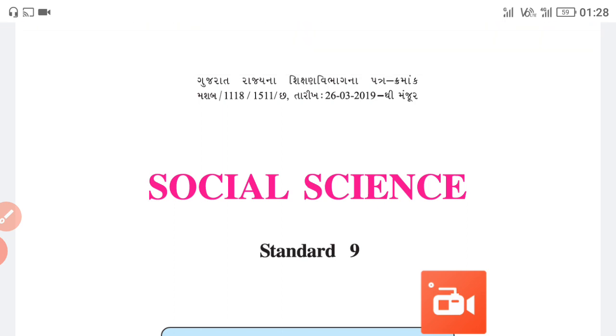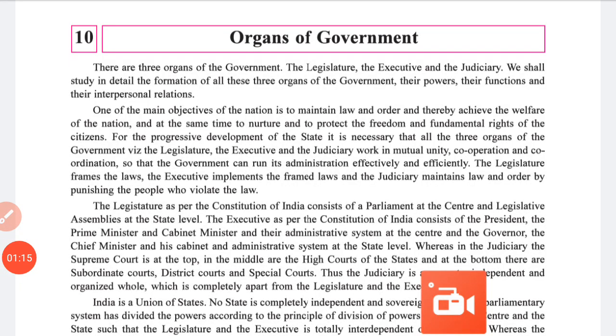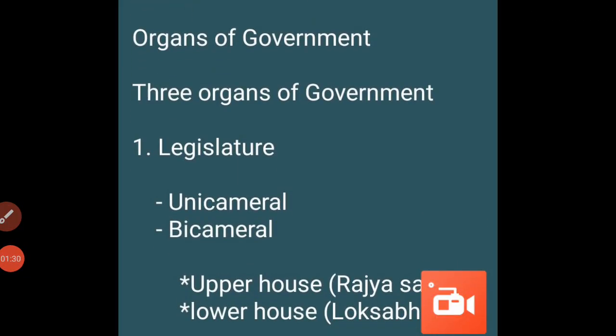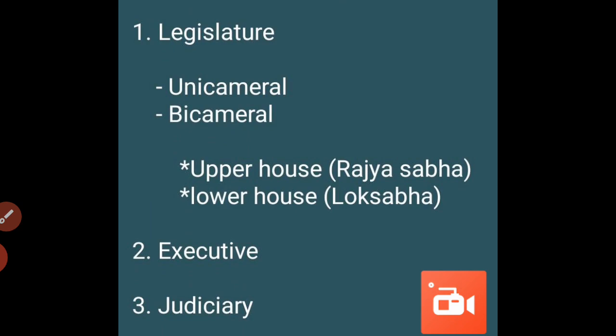Now we are going to start chapter 10, Organs of Government. There are three organs of government. First, legislature. Second, executive.